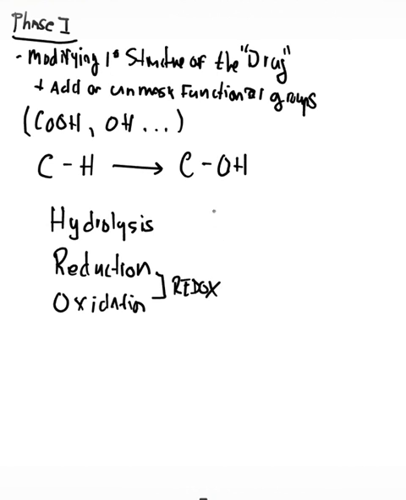A really important thing to note about phase 1 reactions is the following: this is where the CYP enzymes, the cytochrome P450 enzymes, play the primary role. Most of your cytochrome P450 enzymes are going to be involved in phase 1 biotransformation. That's a really important point to remember.